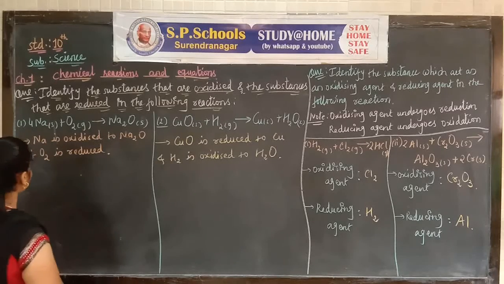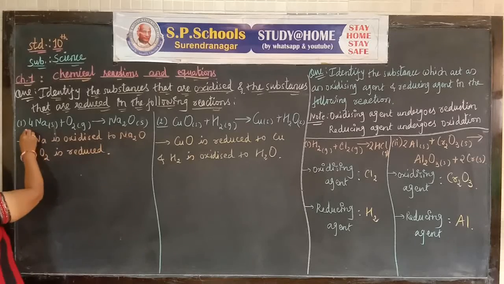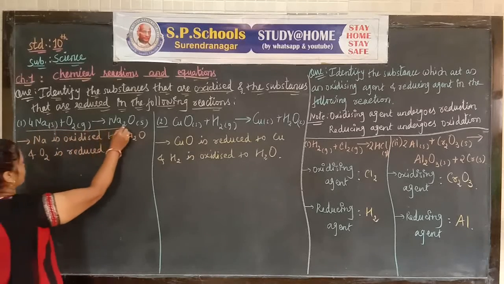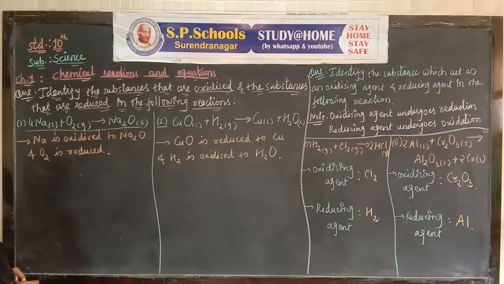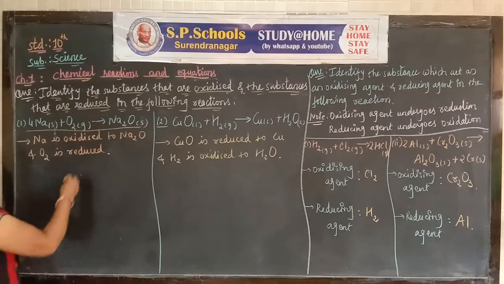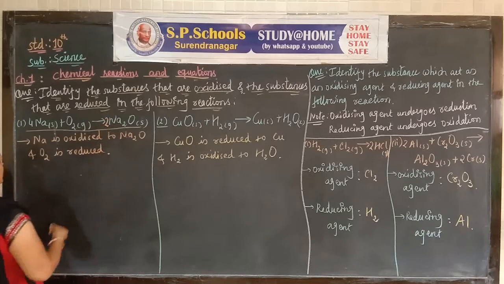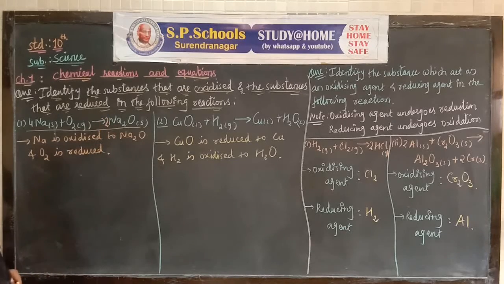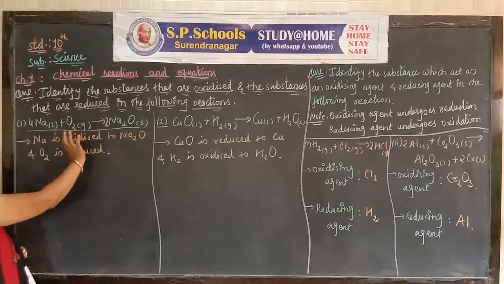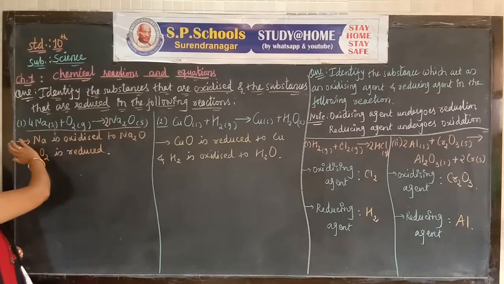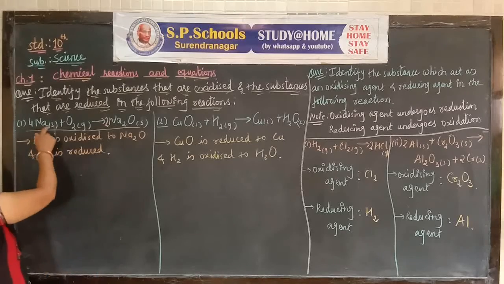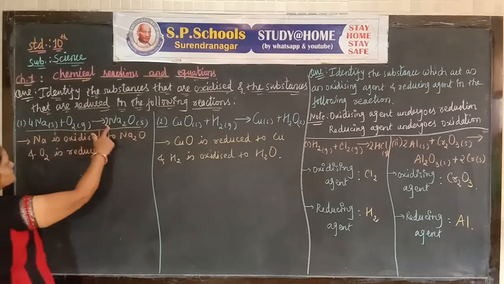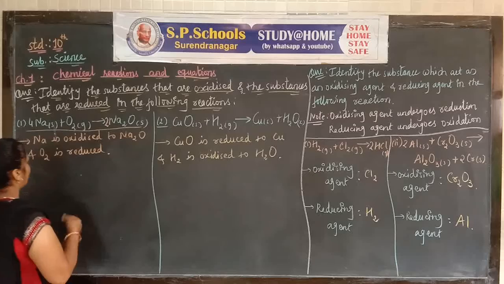First reaction is Na combined with oxygen to form Na2O. The balanced equation is already given, so we don't need to balance it. 4Na plus O2 gives us 2Na2O.